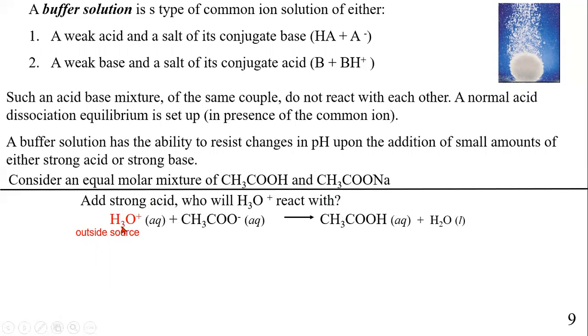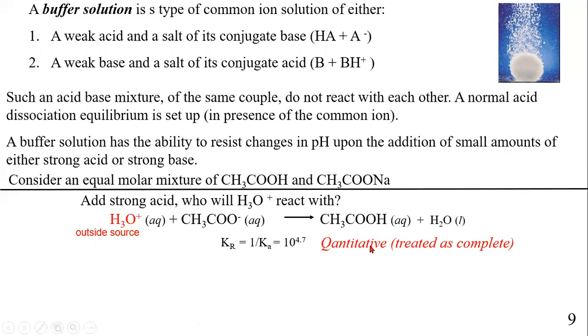And of course, to be effectively neutralized, I have to have this base concentration greater than this acid concentration. Okay? Such that in the end, I'm still left with some base and some acid. And the closer that these guys are to each other, the better my buffering capacity will be, and we're going to look at that in a moment.